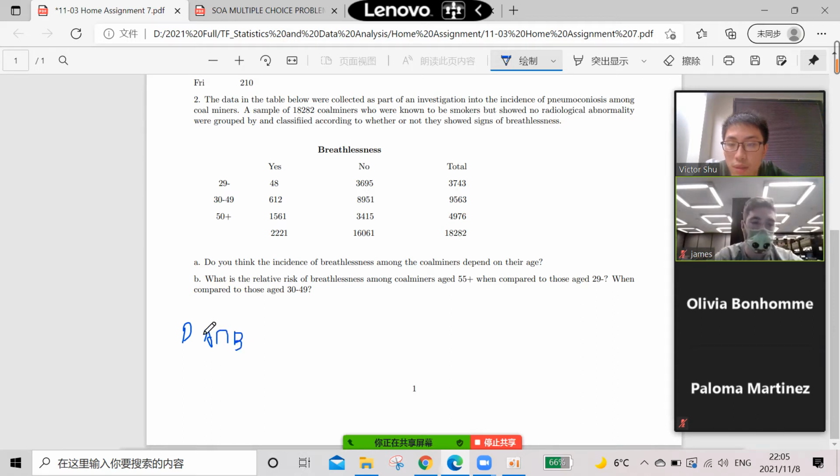So this is a formula you learned during the first few weeks. If independence holds, then the probability of A intersection B is just the probability of A times the probability of B, right? And in this problem, what is A and what is B?